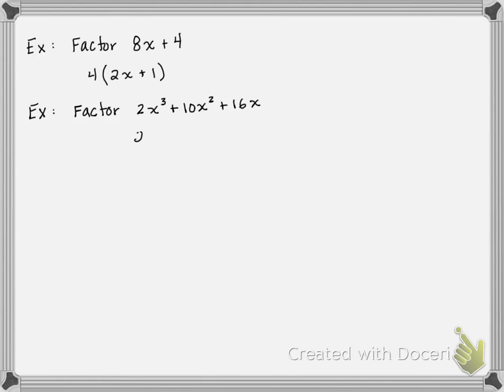Good. So we had 2x times x squared plus 5x plus 8. And I think that's what I saw in everybody's when I walked around. So there's a couple things to keep in mind about factoring.